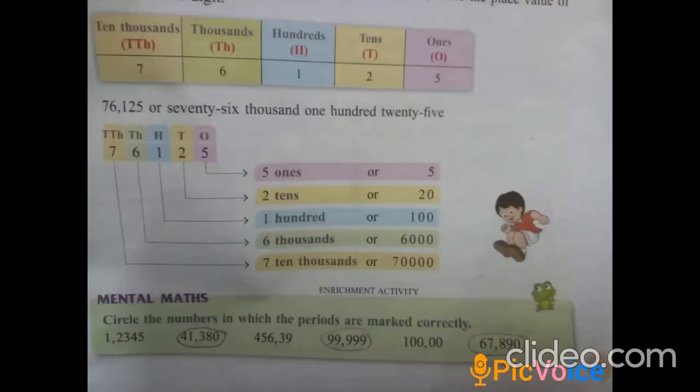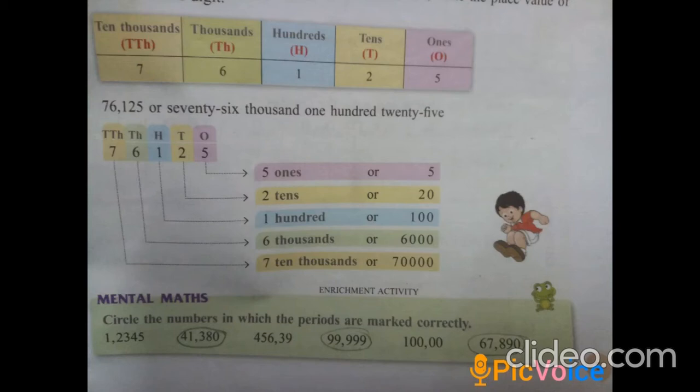In the book, page number 5, one more mental math sum is given here. Before that, you should know the place value of a 5-digit number. So see here, the example is given. Ones, tens, hundreds, thousands, ten thousands. It's the place value of a number. Here one smaller example is given, 76,125.